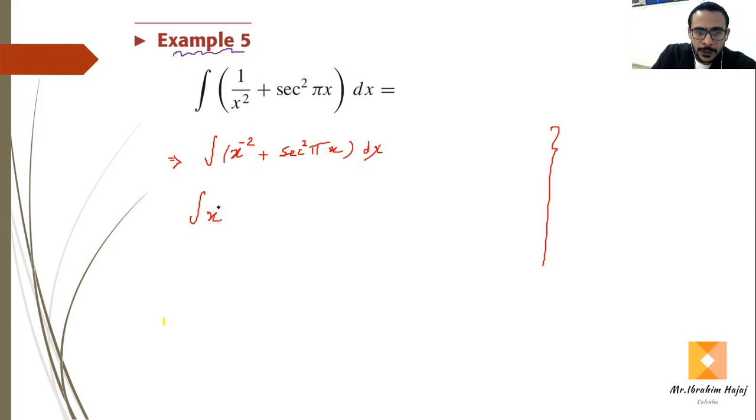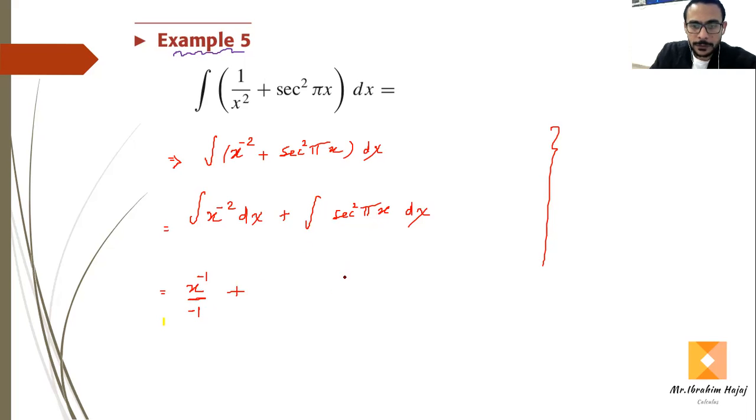You can separate your terms: take the x to the power of negative 2 first, dx, and the integral of 6 squared by x dx. The integral of x to the power of negative 2 is: add 1 to the exponent and divide by the new exponent.